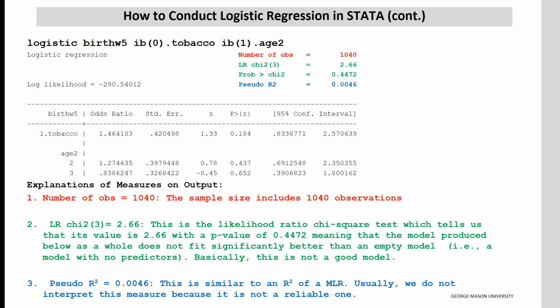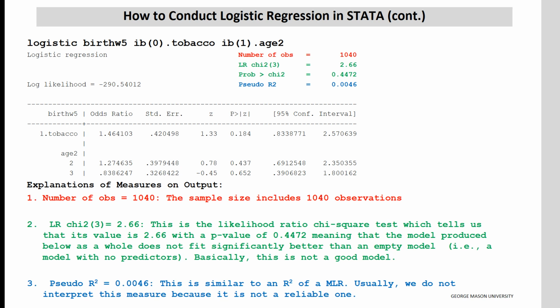Perhaps we expected this to a certain degree because the associations between each independent variable with the dependent variable were not statistically significant. So in this case, the model is not a good model overall.